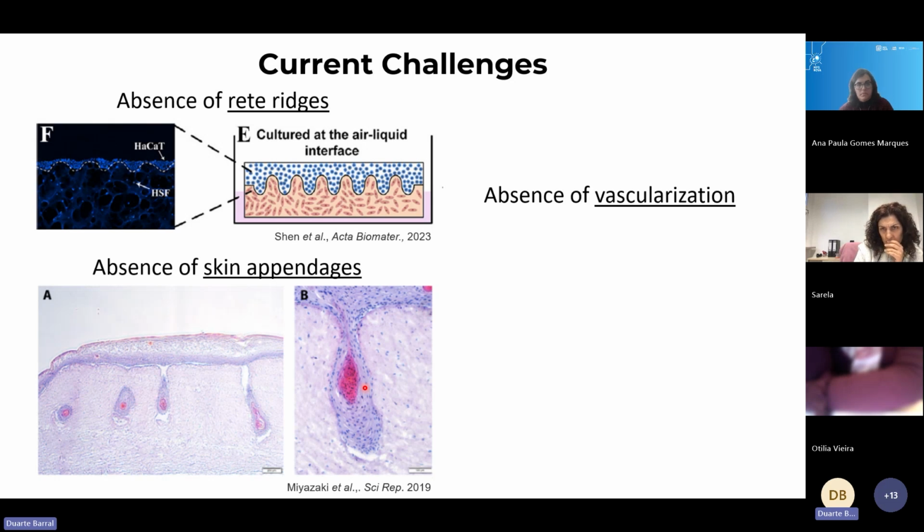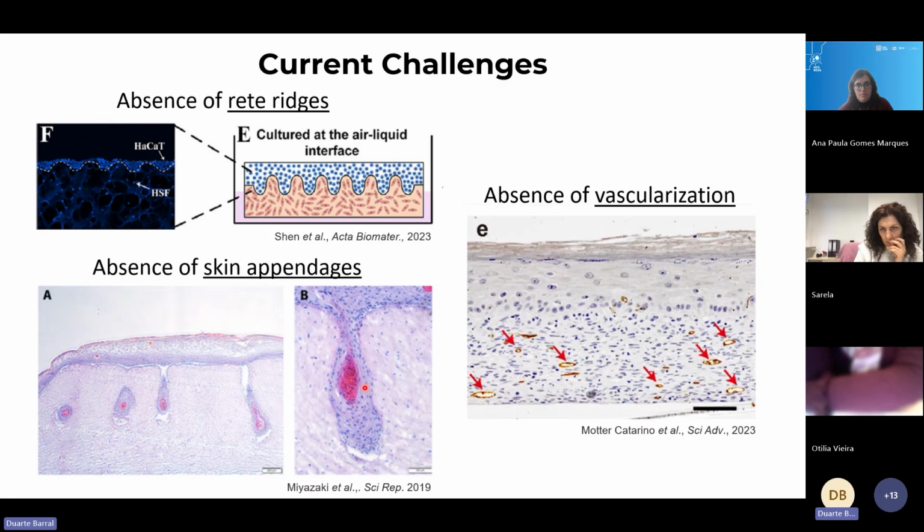There are also several studies, just showing you one here, where this study added endothelial cells, and then the endothelial cells formed these, let's say, micro vessels. And it's something that is also being developed, and we would like also to improve our model and add some of these features, because of course it would be much closer to the human skin and to the human skin physiology.